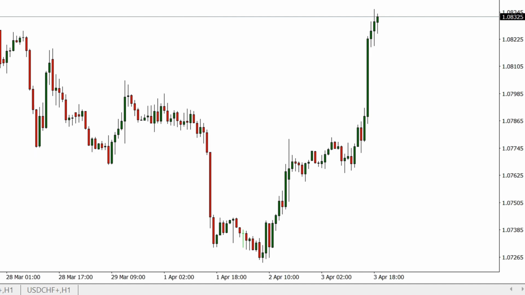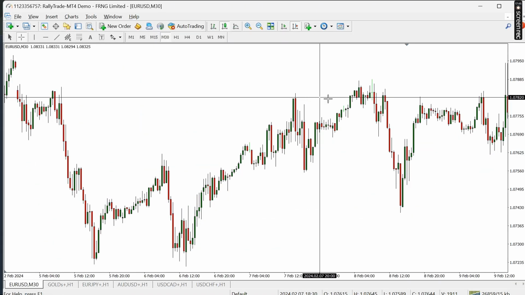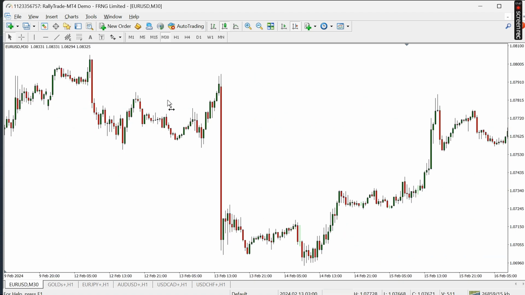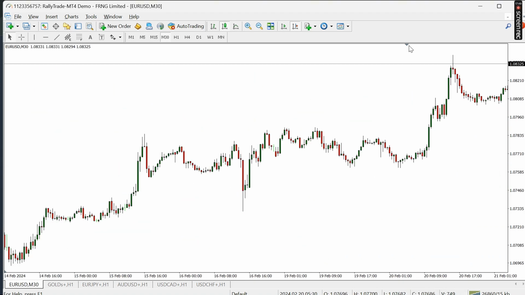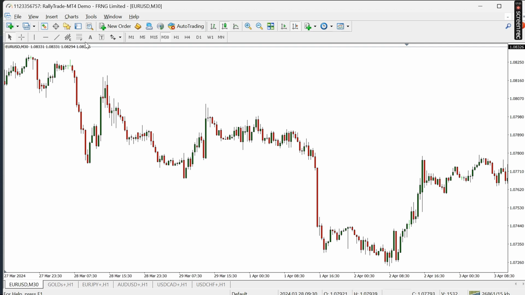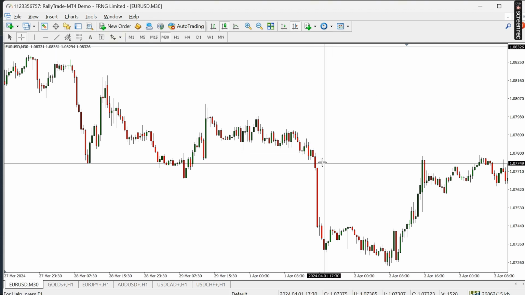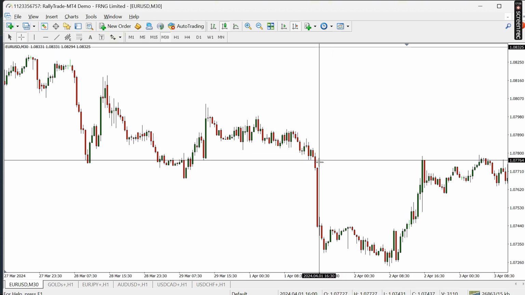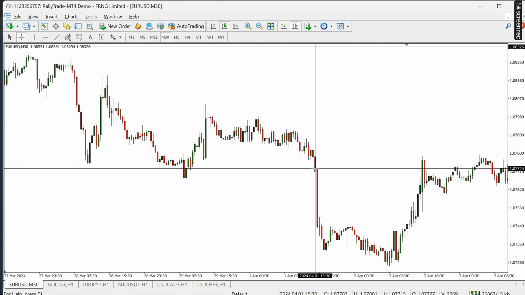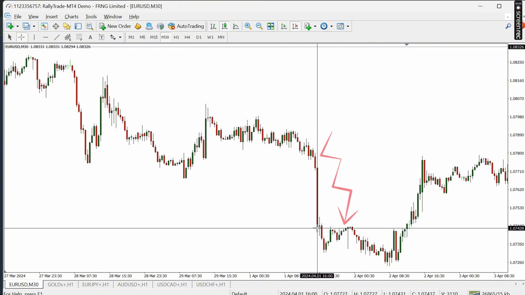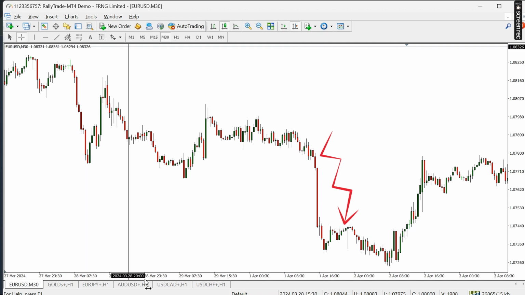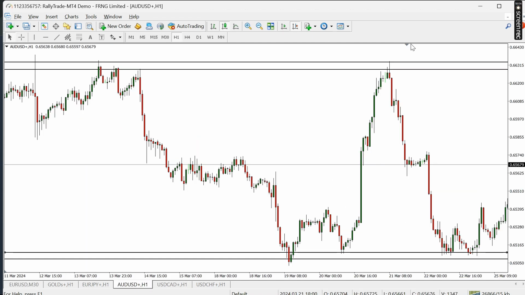Let's check it on the lower time frame, the 30-minute time frame. Let's look for the day, which is the first. Crosshair. So on 30 minutes, see the move. Immediately the news was released, the market moved massively to the downside. Let's check AUD/USD also.